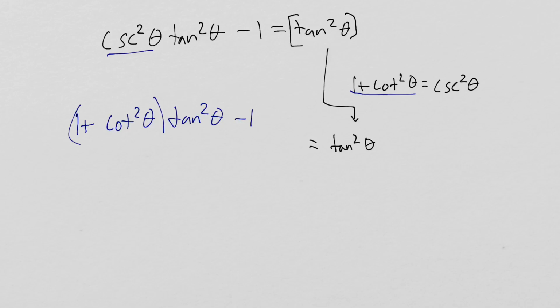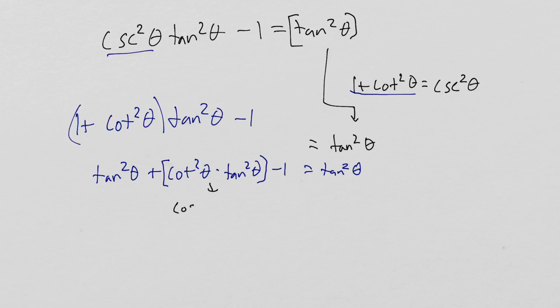Now, we're going to do some distribution here. So 1 times tangent squared is tangent squared. And then we're going to get plus cotangent squared times tangent squared minus 1 equals tangent squared. And now we need to determine what this piece is going to equal. If we use our sines and cosines method on this section right here, we have cosine squared over sine squared times sine squared over cosine squared.